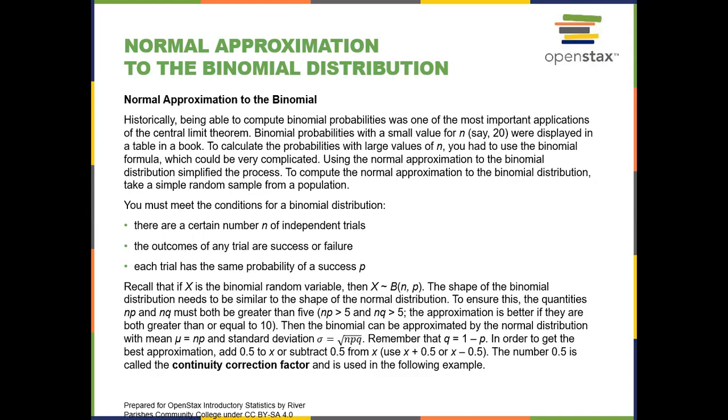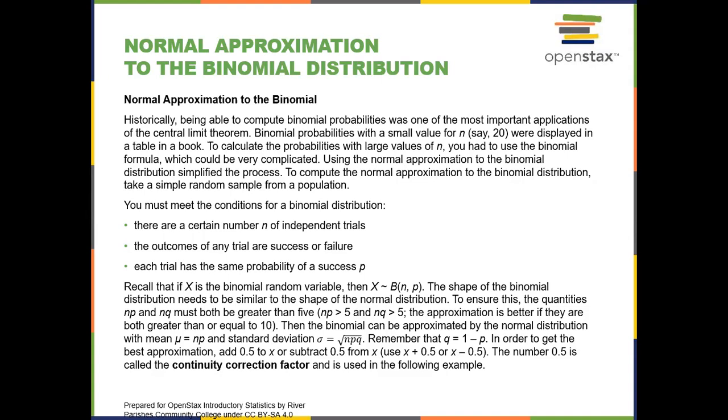To compute the normal approximation to the binomial distribution, take a simple random sample of the population. You must meet the conditions for a binomial distribution. Remember, binomial means two outcomes, success or failure. There is a certain number n of independent trials.